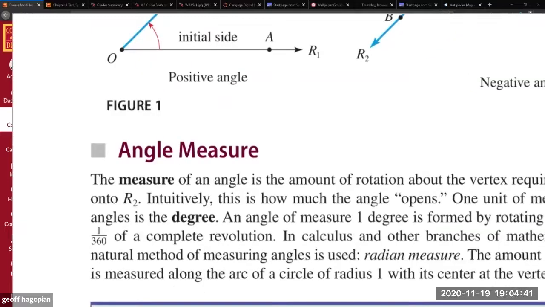Angle measure. So here's their definition of radian measure. Let me see if it agrees with mine. If a circle of radius 1 is drawn with the vertex of an angle at its center, then the measure of this angle in radians, abbreviated rad sometimes, is the length of the arc that subtends the angle.